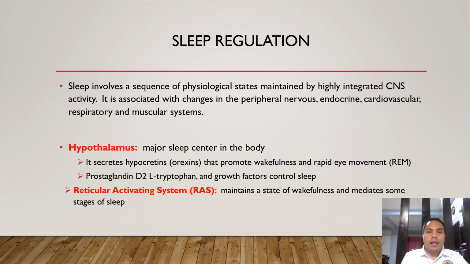The cyclic nature of sleep is thought to be controlled by centers located in the lower part of the brain. The neurons within the reticular formation located in the brainstem integrate sensory information from the peripheral nervous system and relay information to the cerebral cortex.